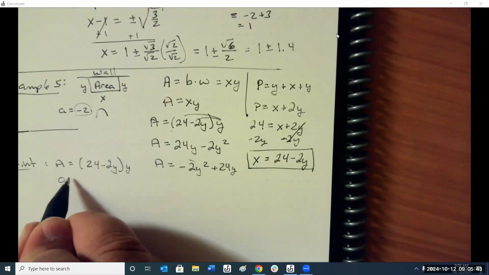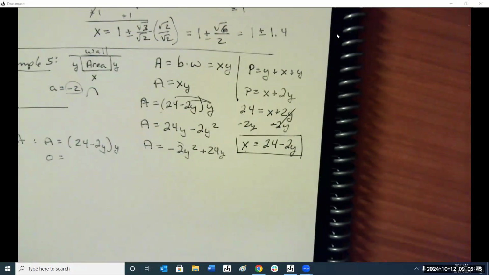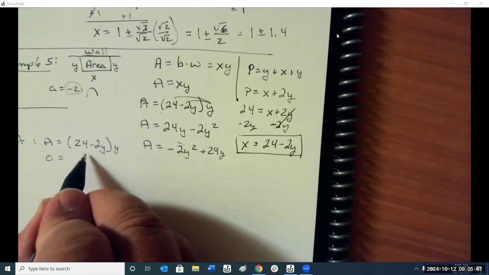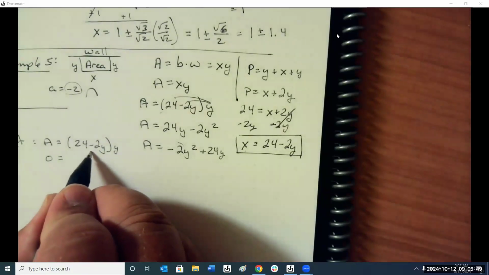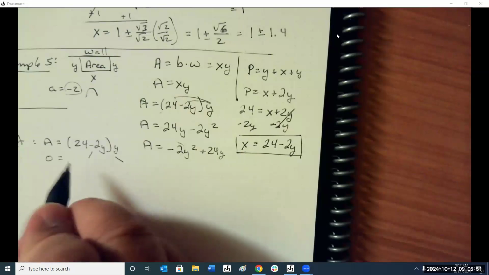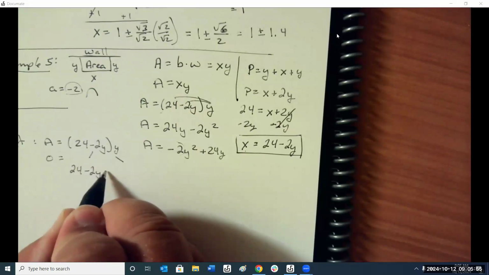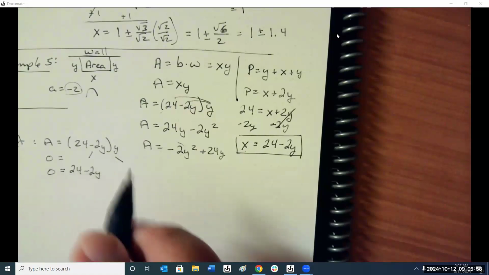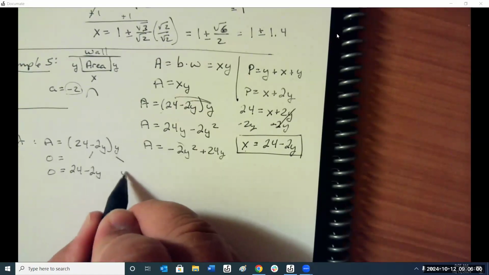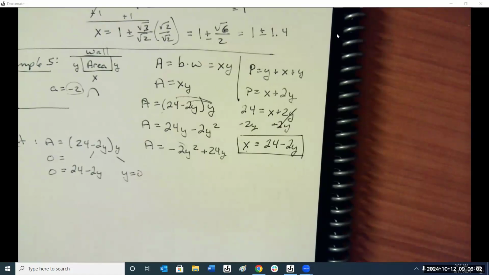If we set the area equal to 0, we take both of these factors equal to 0. So we have 24 minus 2y equals 0, and we also have y equals 0.